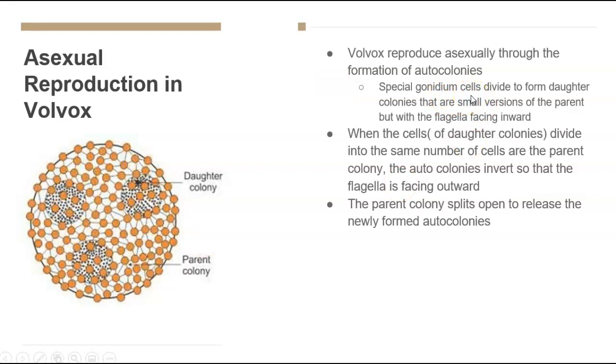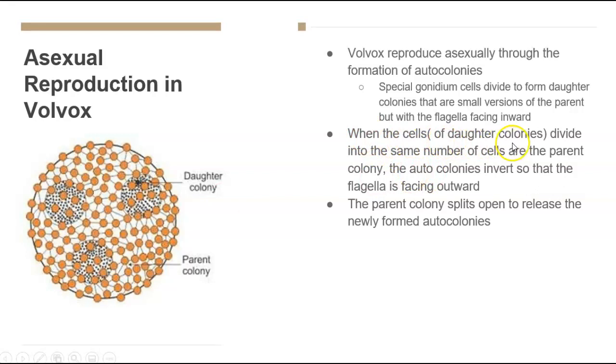And the gonidium cells are able to divide and form daughter colonies that are going to be small versions of the parent colony. The only difference here with these daughter colonies is that the flagella of the cells is going to be on the inside for a while it is growing in the parent colony.